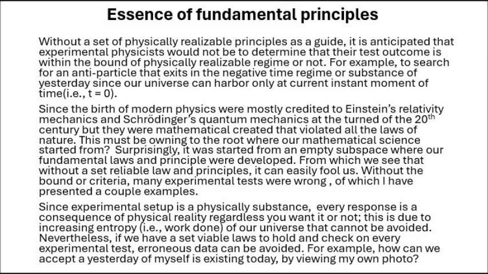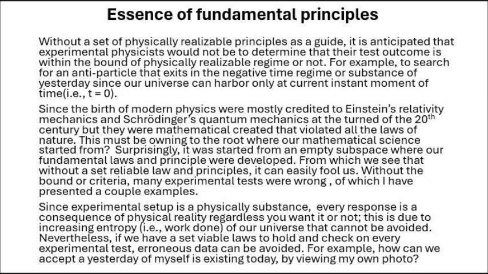Without the bound or criteria, many experimental tests were wrong, of which I have presented a couple of examples. Since an experimental setup is a physical substance, every response is a consequence of physical reality, regardless of whether you want it or not.